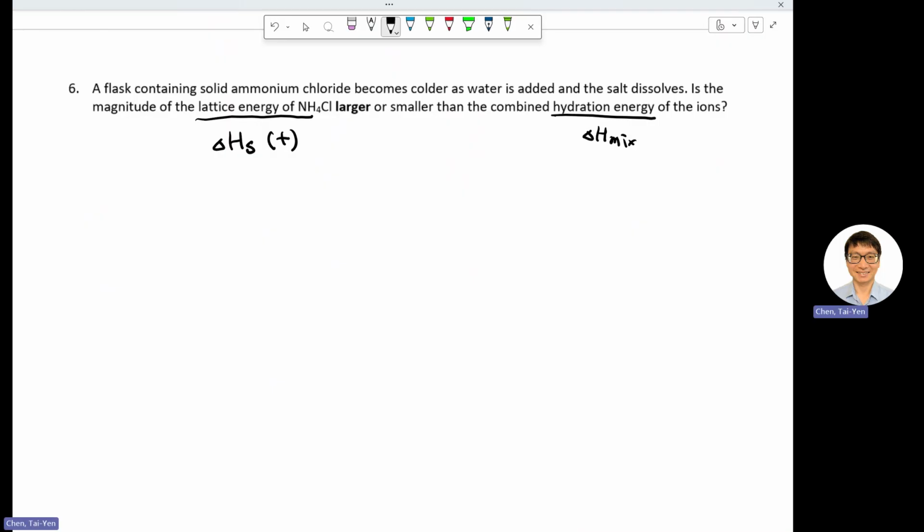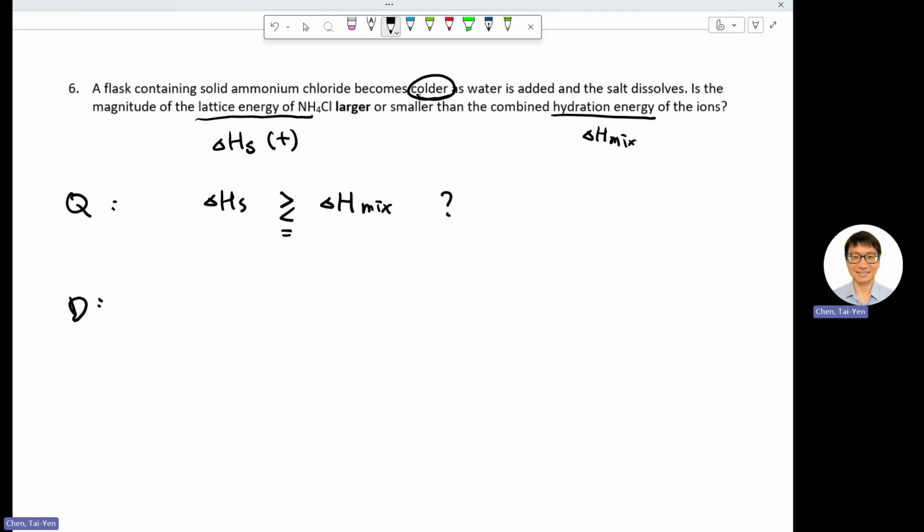And what you want to know is whether your delta H solute is larger, smaller, or equal to delta H mixing. So this is the question that you want to address. The data is: when you mix these two things together, you see that keyword colder, meaning the temperature is dropping.